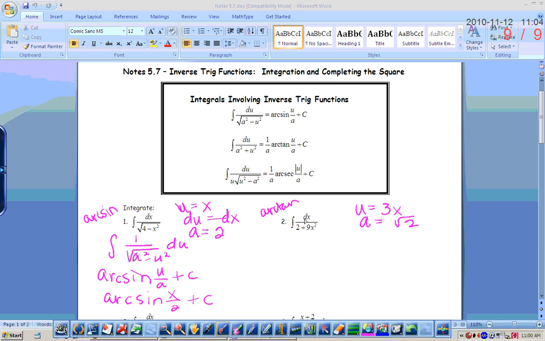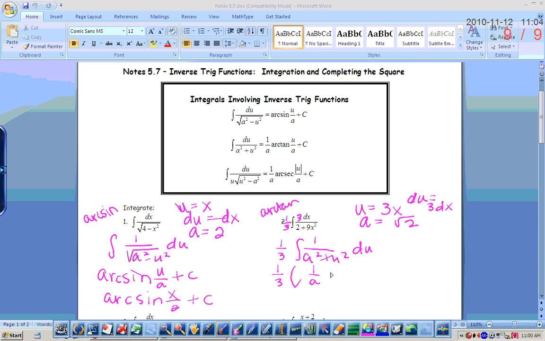All right, and always, if you find u, always find du. What would du be? 3dx. So I'm going to need a 3 and therefore a 1/3 out in front. So 1/3 times the integral of 1 over a squared plus u squared du. Everybody okay? All right, so my arctan is 1 over a, arctan u over a, but I still have that 1/3 out in front.